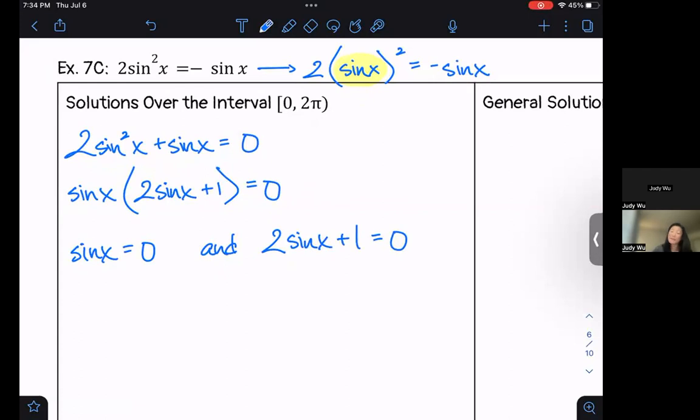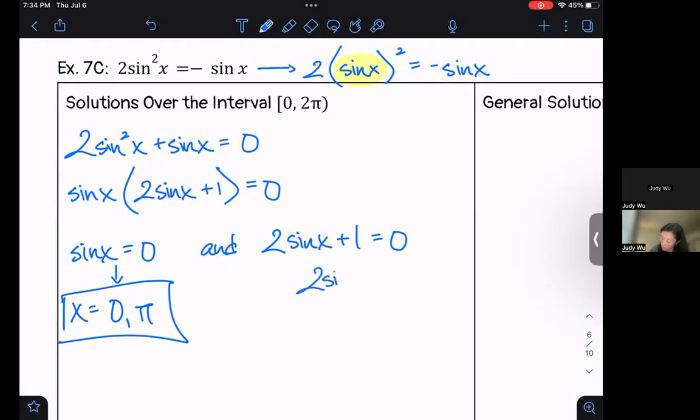All right. Now, we do have to do a little bit more work because this is a trig equation here. So we have to solve for x. Like getting sine x by itself is not enough, right? So where are the angles where we have a y value of 0? And it turns out that that's 0 and pi. All right, so 0 and pi are the two solutions that come from here. All right, now over on the right, I actually have to solve for sine x first.